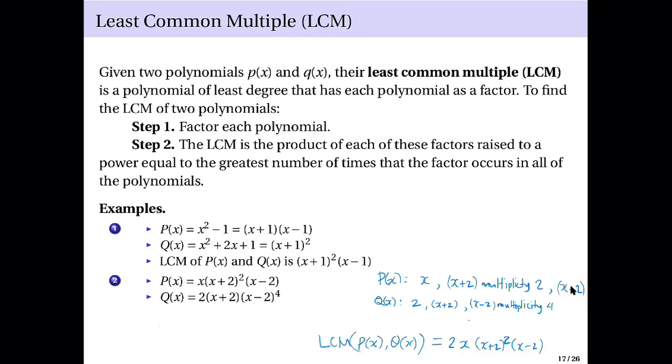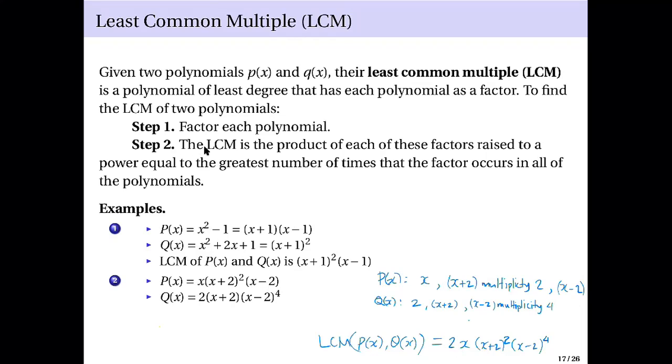For x minus 2, from P of x, x minus 2 has power 1. From Q of x, x minus 2 has power 4. So the higher power that we see here is 4, and we write it to the power 4. That's the LCM for P of x and Q of x.